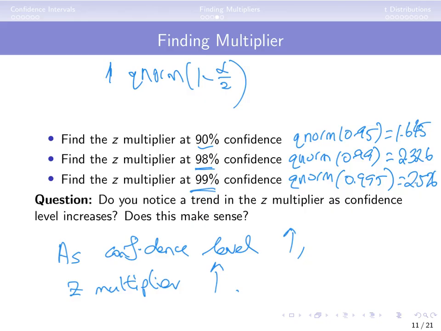So you're more confident because if your multiplier is larger, then your margin of error will go up, because your margin of error is the multiplier times the standard deviation of the estimate. So you're more confident because your interval is wider, so more of your samples will have an interval that contains the true value of the population mean.